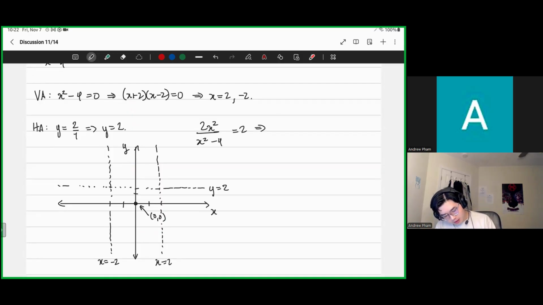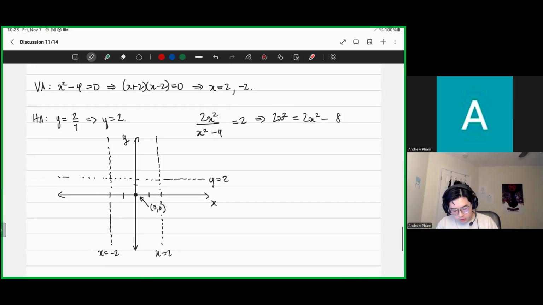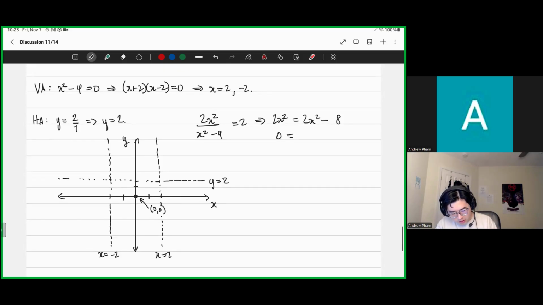This is nothing but 2x squared. If I multiply the denominator on both sides, I get 2x squared is equal to 2x squared minus 8. And we can subtract 2x squared on both sides and get 0 is equal to minus 8. But look here, it's saying that 0 is equal to minus 8. That's clearly a contradiction.